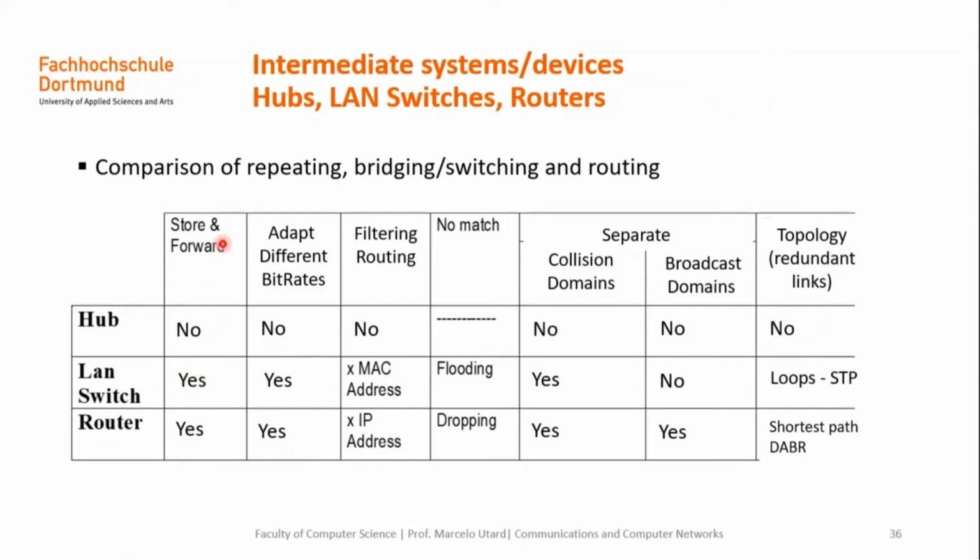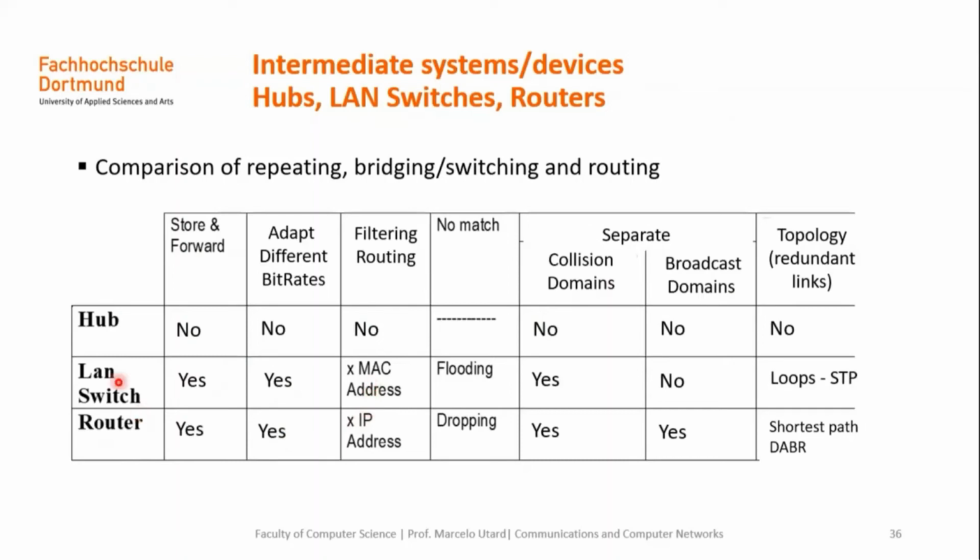In the case of LAN switching, the store and forward is performed like in routers too. Then LAN switches and routers performing this store and forward permit the adaptation of different bit rates and the examining.